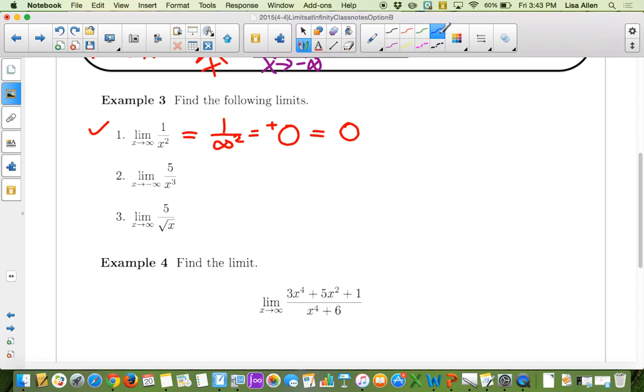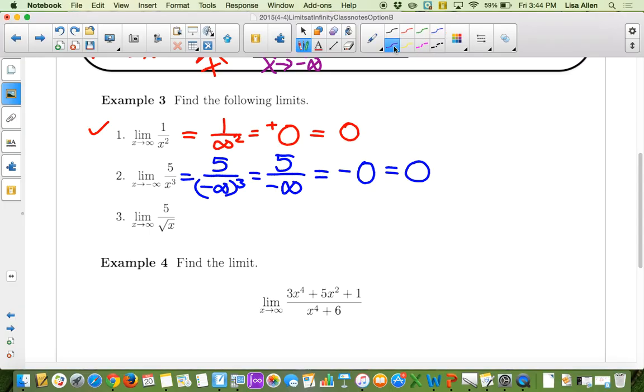We have 5 over x cubed for the next one. So the limit as x approaches negative infinity of 5 over x cubed. That would then equal 5 over negative infinity cubed, which is equal to 5 over negative infinity, and a negative times a negative times a negative is still going to be negative, which would then be negative 0, which is still 0.